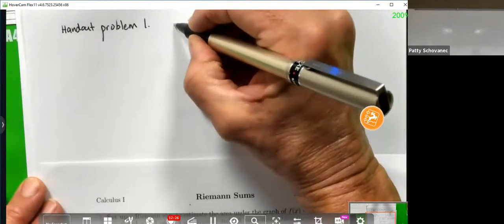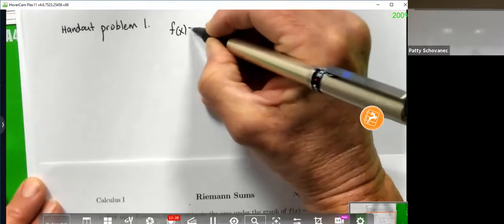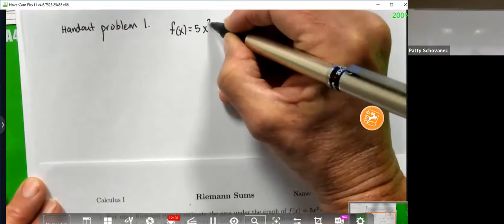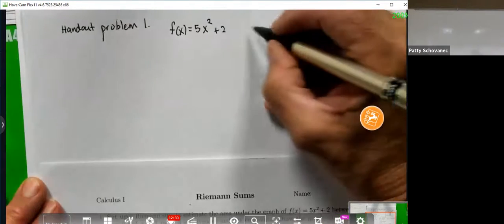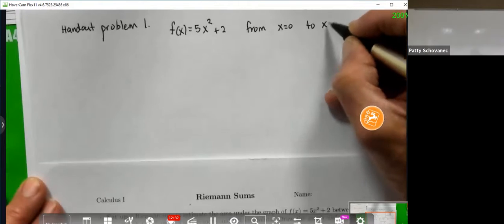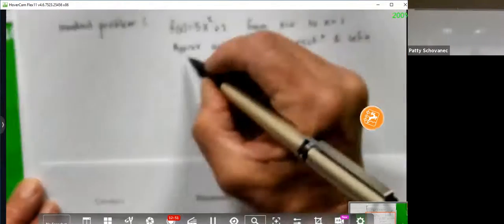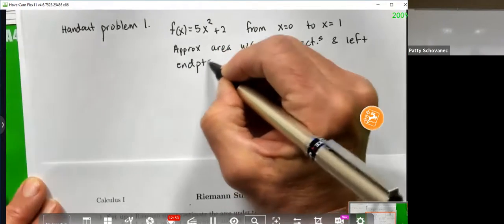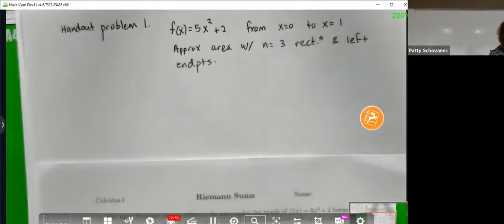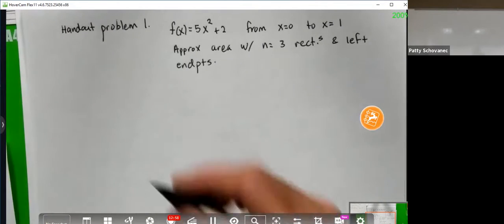We've got f of x is equal to 5x squared plus 2 from x is 0 to x is 1. And we're going to approximate area with n is equal to 3 rectangles and left endpoints. Let's get that out of the way.